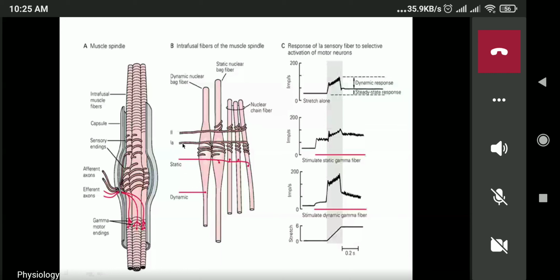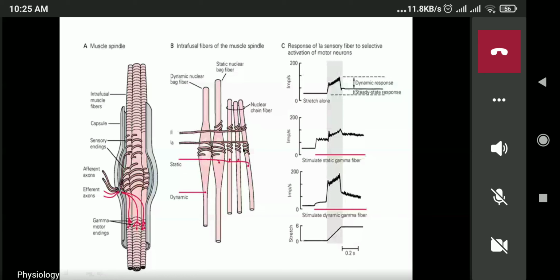sensory fiber. 1A sensory nerve is innervating both the bag fibers and the chain fibers. Then another type of sensory nerve you are seeing here, that is type 2 sensory nerve.